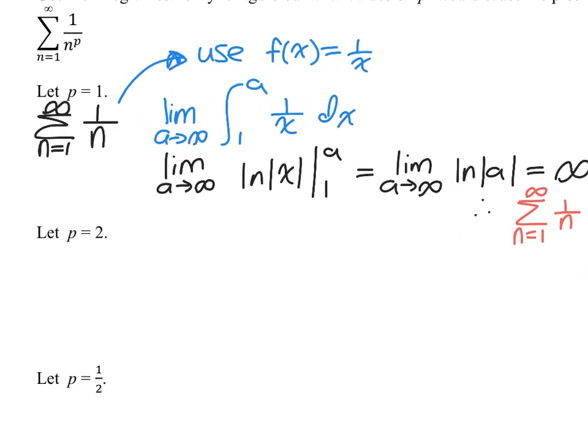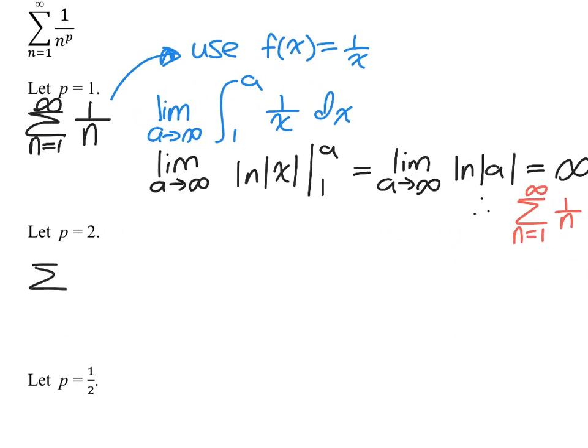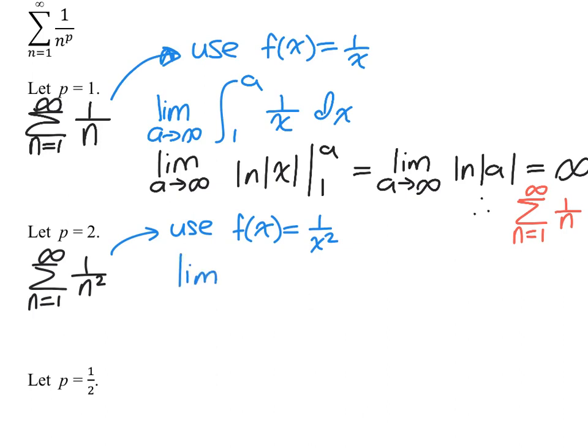So let's take a look at the next one. The sum from n equals 1 to infinity of 1 over n squared. So again, we're using f of x equals 1 over x squared. So limit as a approaches infinity, going from 1 to a, 1 over x squared. And actually, let me not do that, because 1 over x squared is the same as x to the negative second.